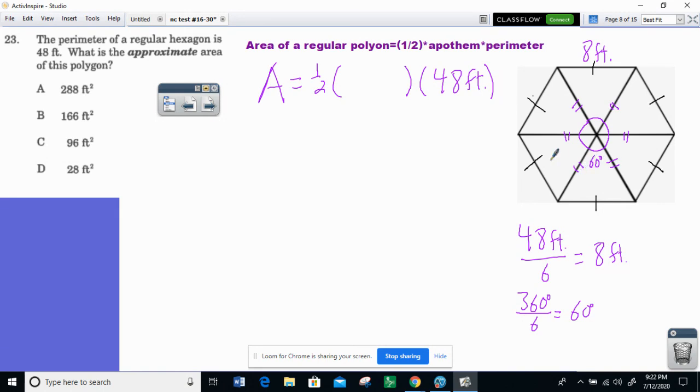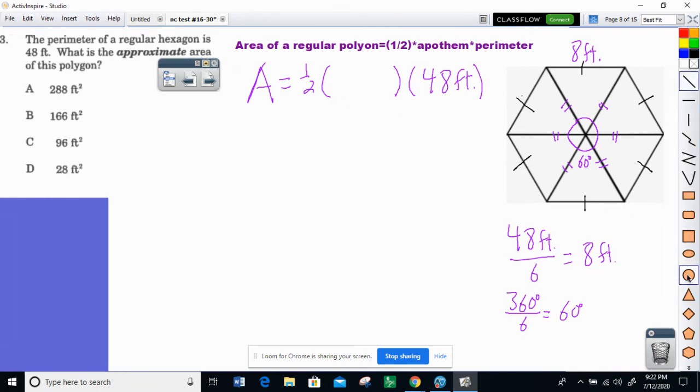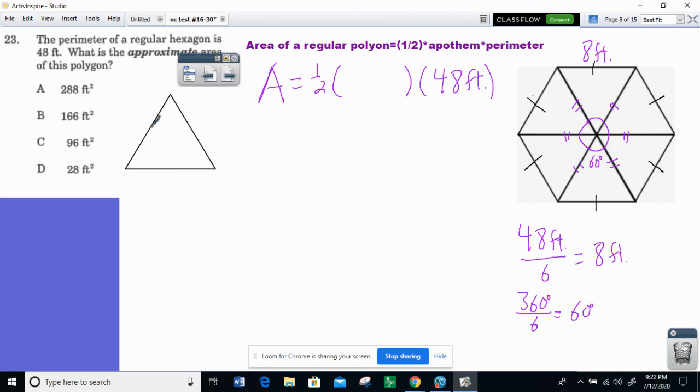So in this isosceles triangle that we're going to use to solve this problem, let's draw that out here. We know that we've got a 60-degree angle on the top.